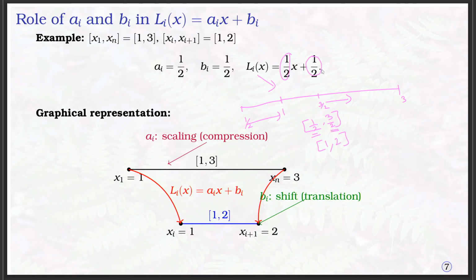Now this Bi shifts the contracted interval to the right side so that the endpoint condition will match, and 1 maps to 1 and 3 maps to 2. So the graphical representation is given here. When you are applying the Ai scaling, it will compress the interval, and after applying the Bi it will match exactly 1 comma 2. So 1 maps to 1 and 3 maps to 2, and one can get this figure.